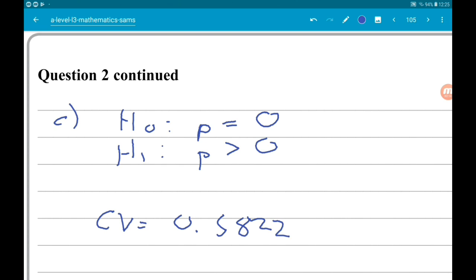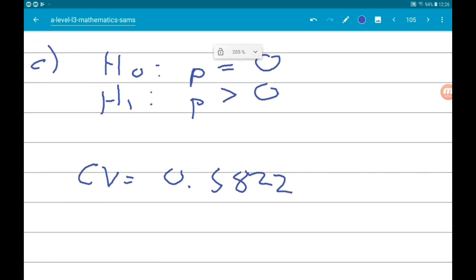Now, our value for R was 0.609, which is greater than 0.5822.